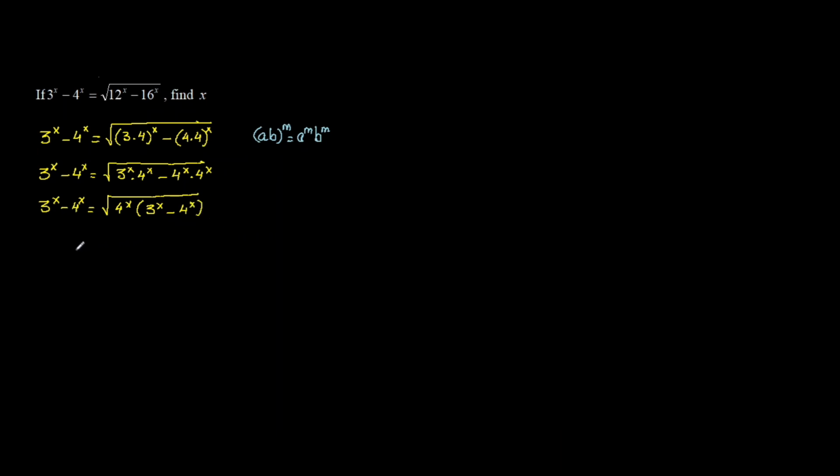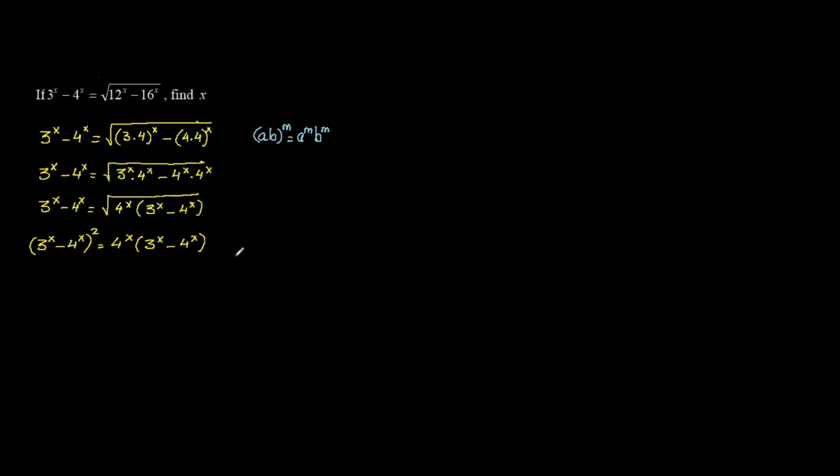Now we square both sides. So we have (3^x − 4^x) whole squared is equal to 4^x times (3^x − 4^x). Now we have a common factor on both sides, 3^x − 4^x.